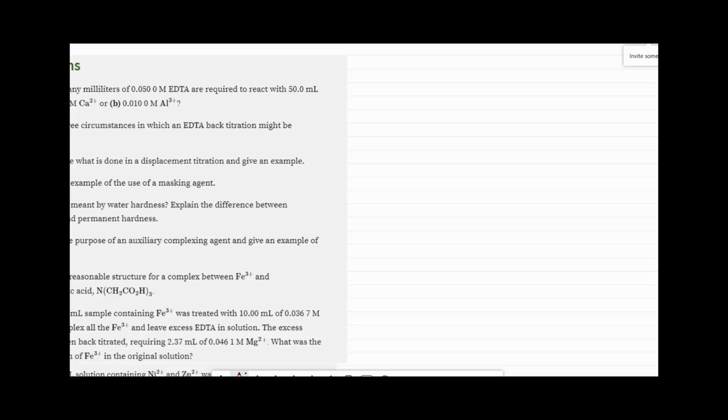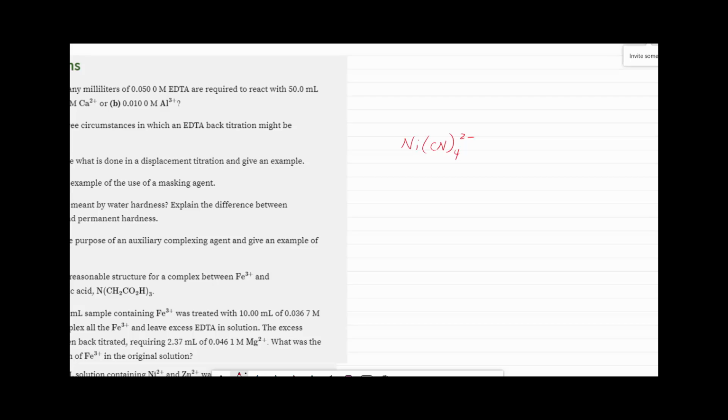Number 3, what is done in a displacement titration, and give an example. Well, in a displacement titration, the analyte is going to displace the metal ion from a complex. So let's say we have in our solution a nickel cyanide complex.